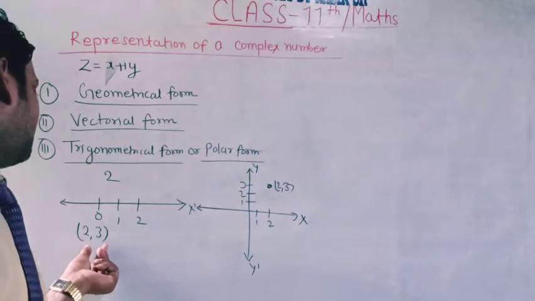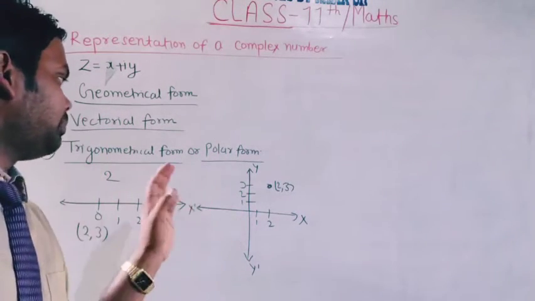So an ordered pair of real numbers is represented in the Cartesian plane.